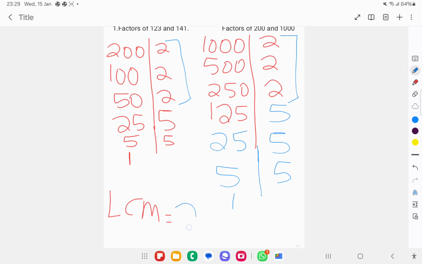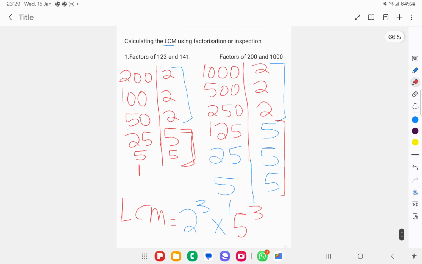So we have 2 to the power of 3. Now you're going to multiply this by 5. When looking at this one, it will be 5 to the power of 2, but this one is bigger than that one, so basically you're going to say 5 to the power of 3. Now your answer is going to be 1000, and then you have found your lowest common multiple.